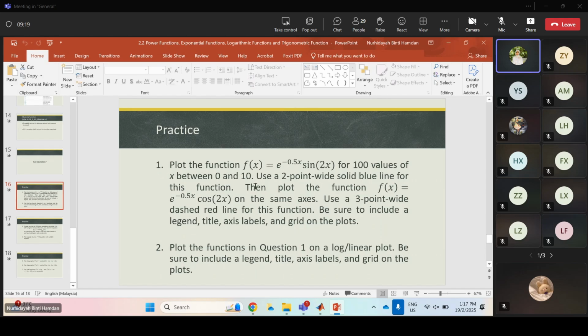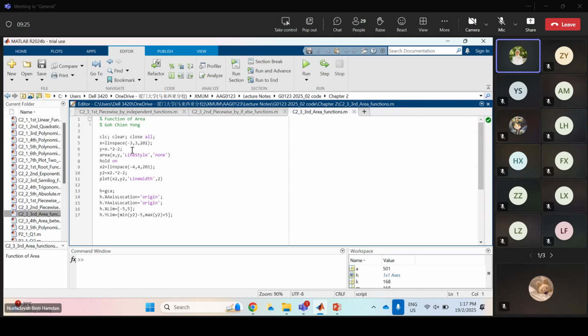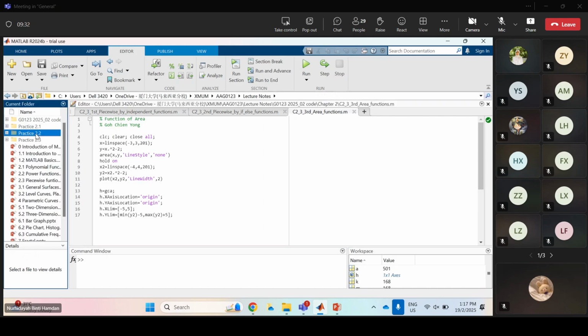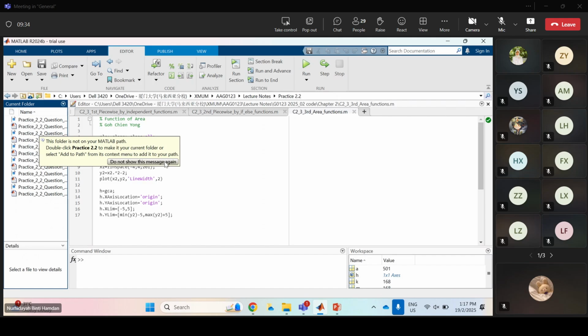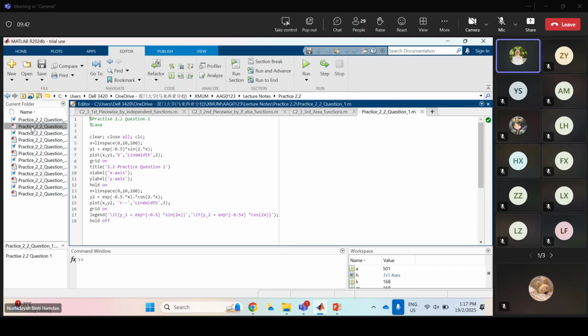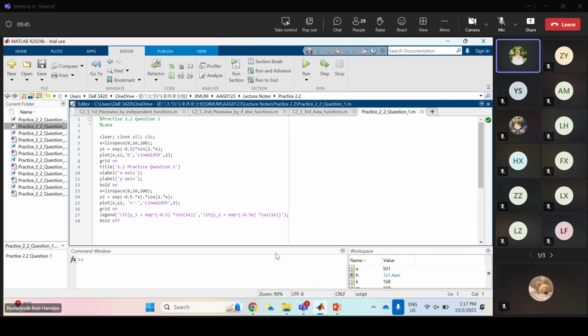Be sure to include legend, title, axis labels, and grid on the plot. I have shared with you question 1.